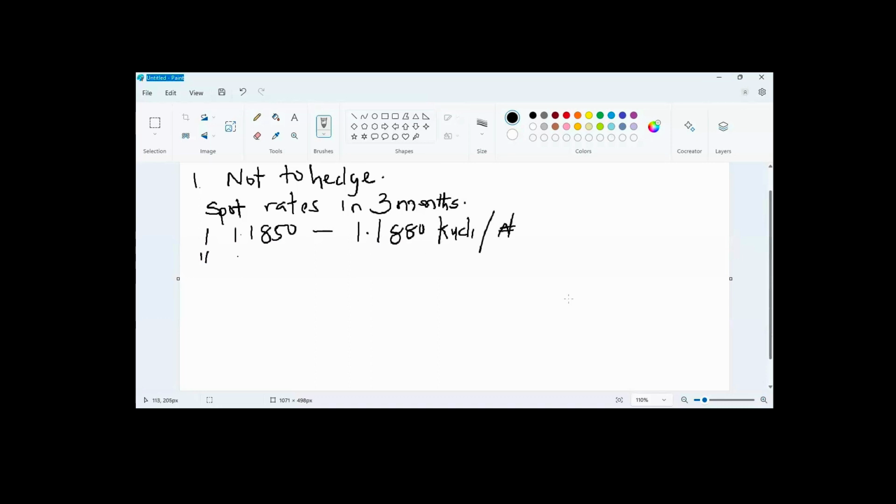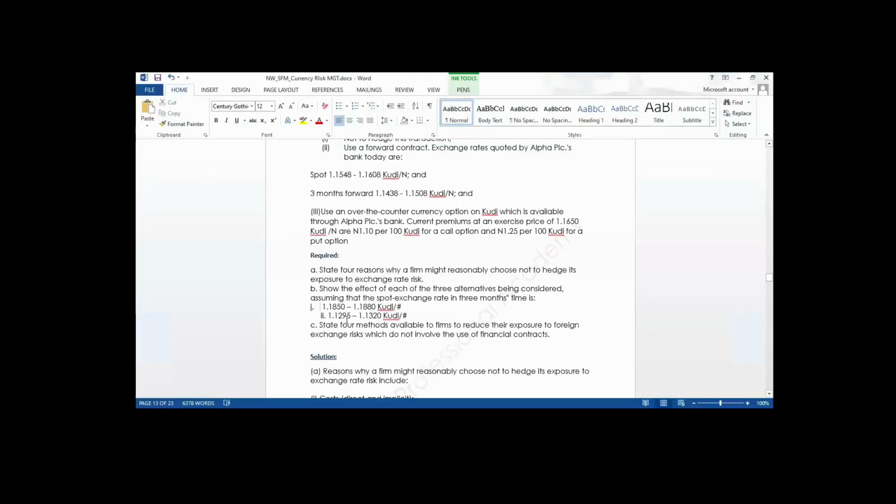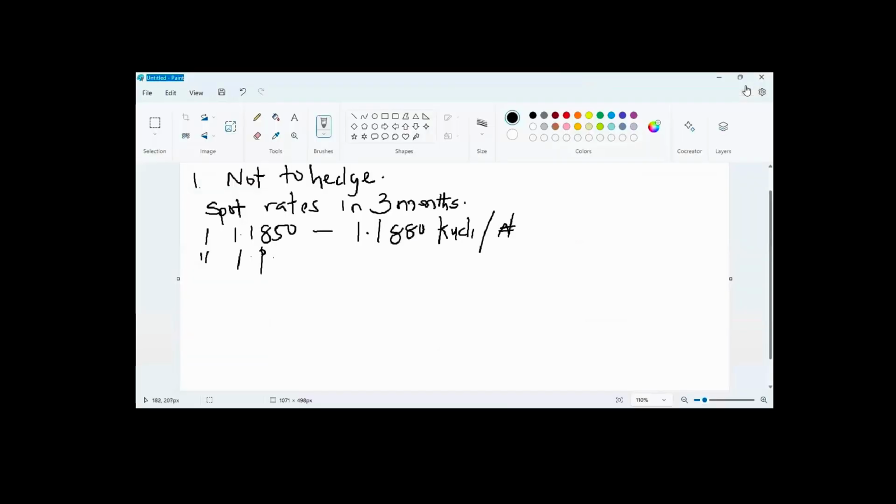Or if the spot rate happens to be 1.1295 to 1.1320. This is the spot rate in 3 months' time.